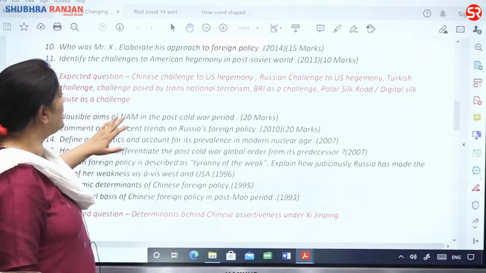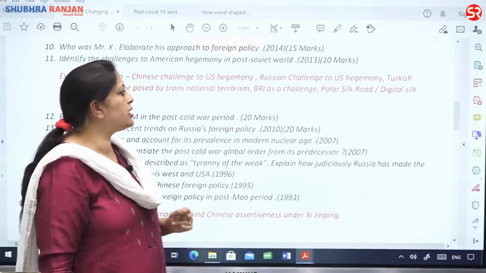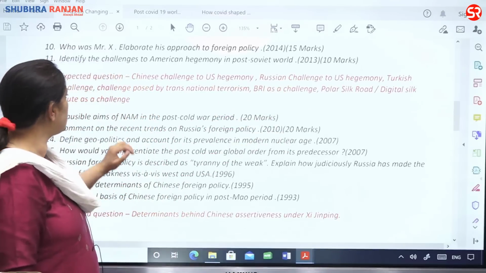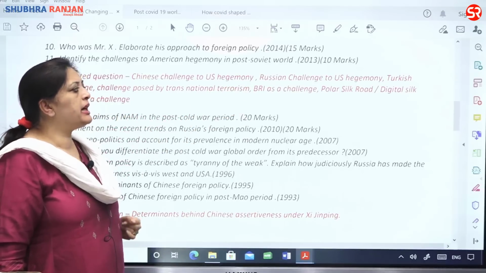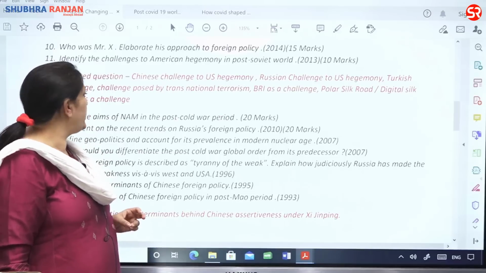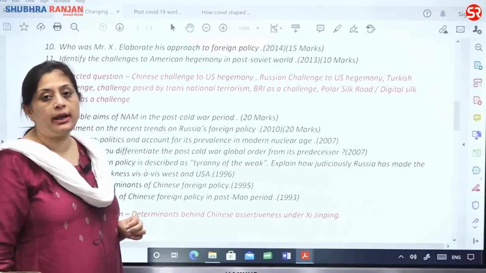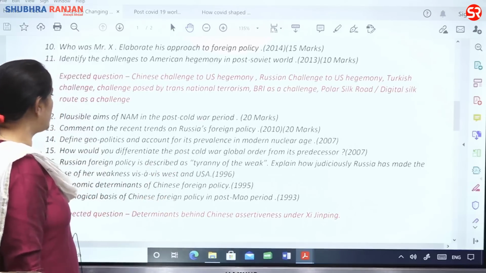Expected question can be Chinese challenge to US hegemony, Russia's challenge to US hegemony, not very important, Turkish terrorism, but BRI as a challenge, Polar Silk Road, Digital Silk Route, and how US is responding to these challenges.